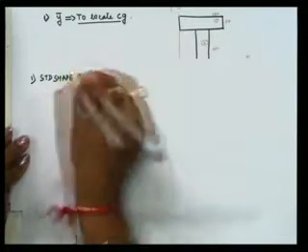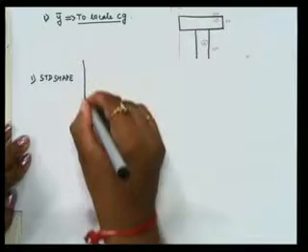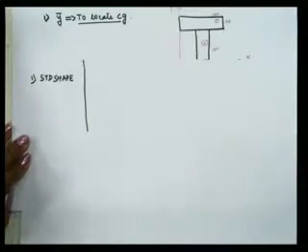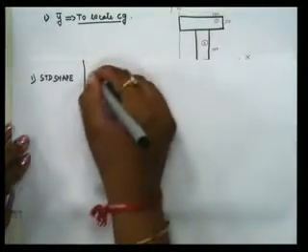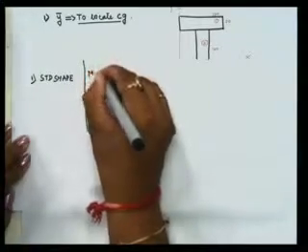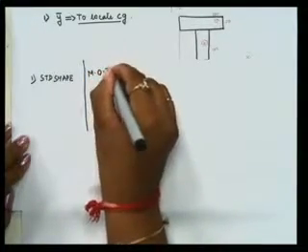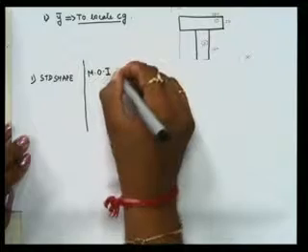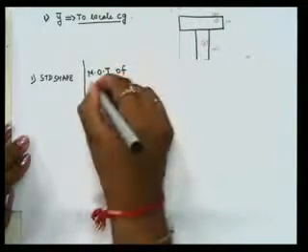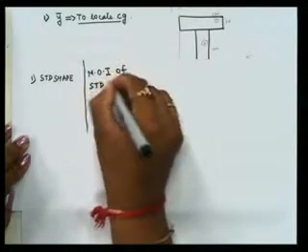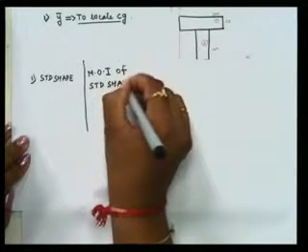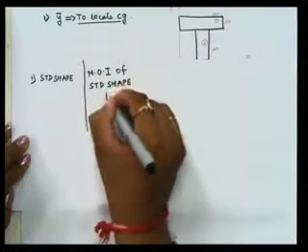You can even continue in the same table. Second is moment of inertia, I am writing it as MOI, moment of inertia of standard shape. Okay, that is represented as IG.